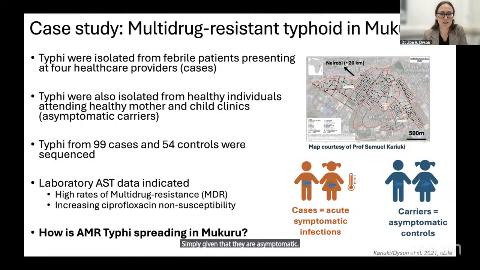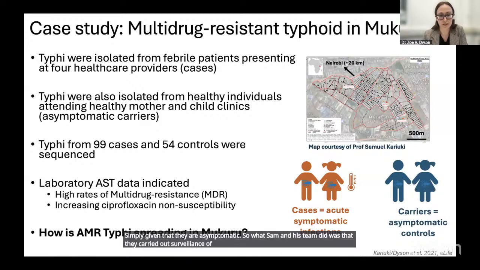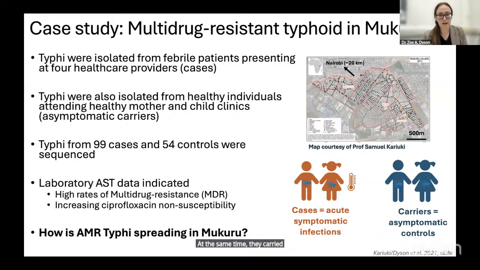So what Sam and his team did was carry out surveillance of febrile individuals presenting at 4 healthcare providers in Nakuru, a setting that's around 20 kilometres outside of Nairobi. And the individuals that were presenting as febrile in this study were defined as acute symptomatic infections or cases. At the same time, they carried out fecal sampling of healthy individuals attending healthy mother and child clinics.